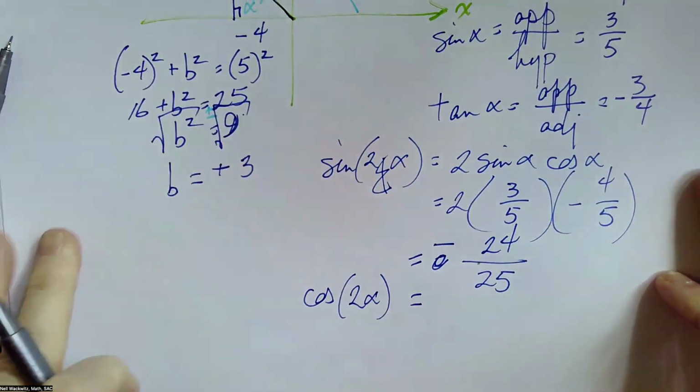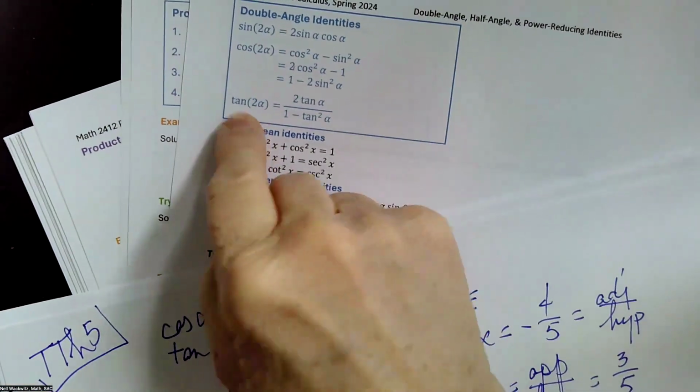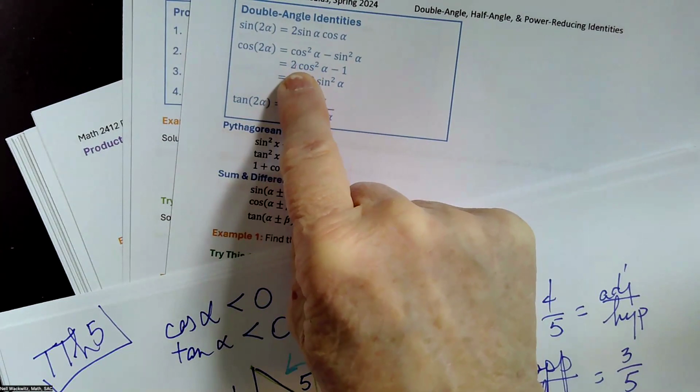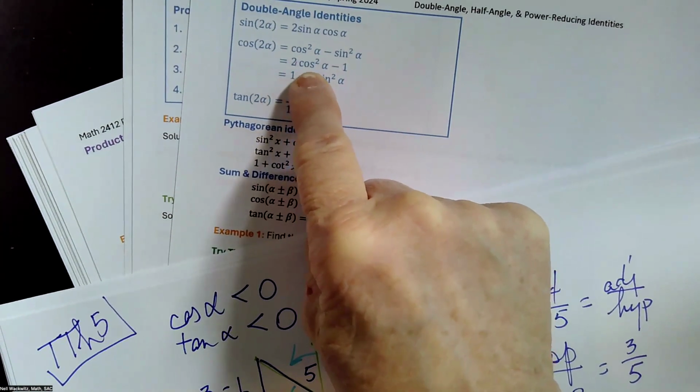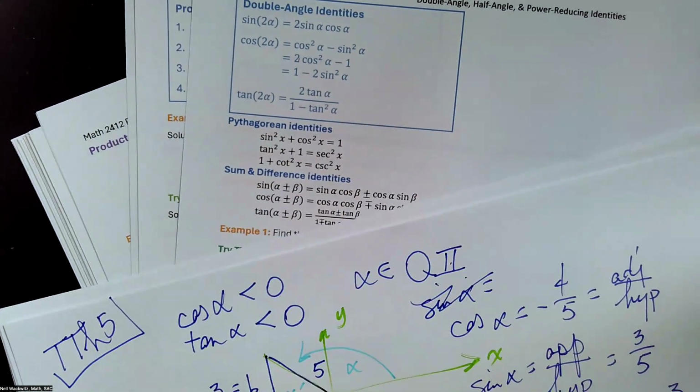To find the cosine of 2 alpha, let's use one of the other identities for cosine 2 alpha. Let's use 2 cosine squared alpha minus 1.